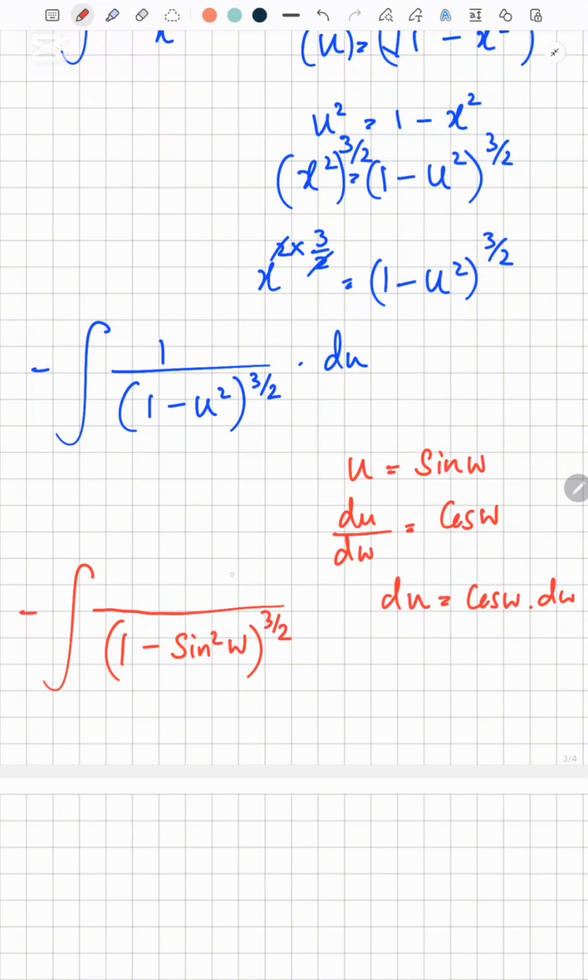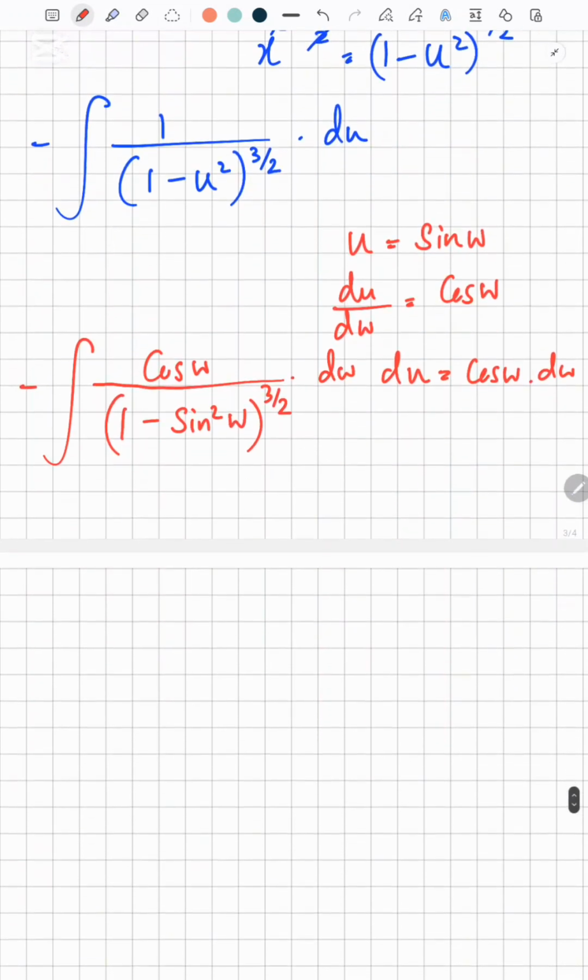So we can write cos w above, dw, right? So now, can you see 1 minus sine squared w is cos squared w, right? So it's cos w over (cos squared w) to the power 3 over 2, dw.